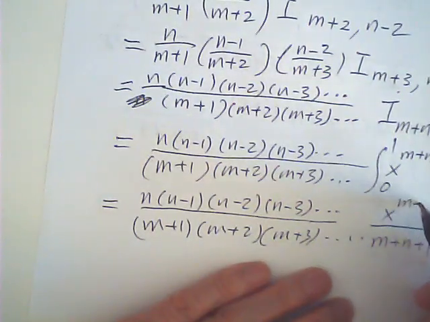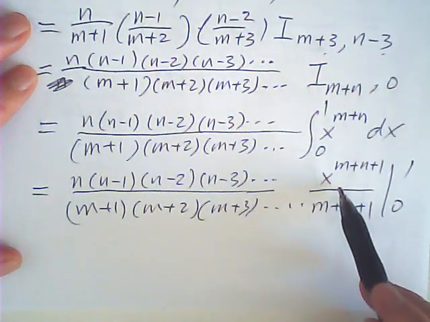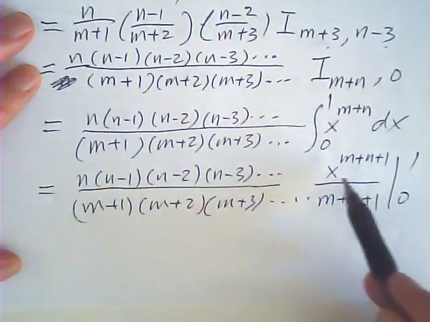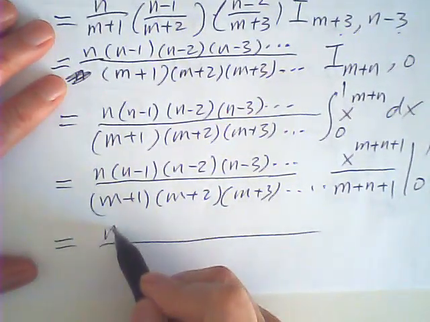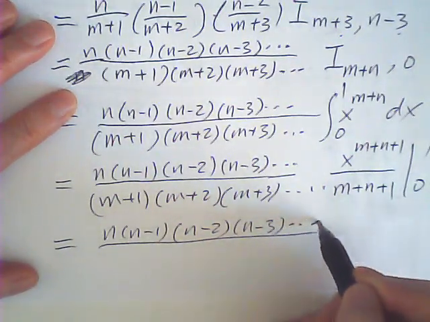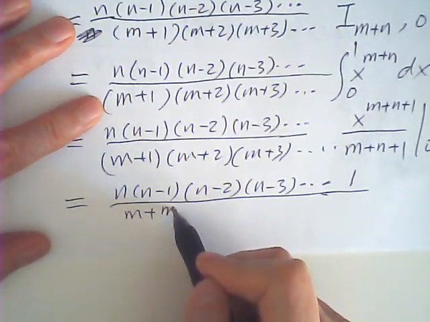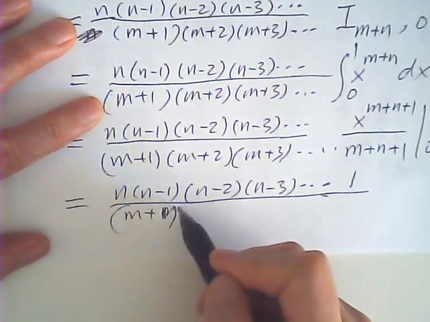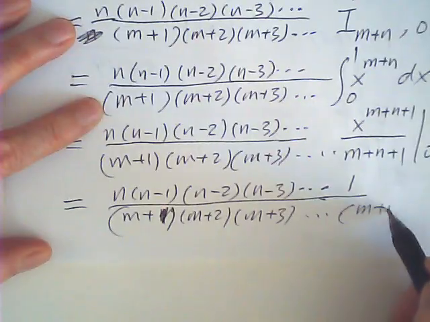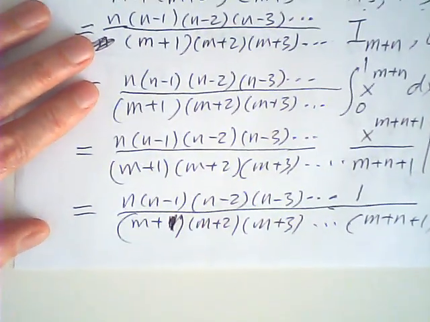When x is 1, this is 1, and minus the value at 0, which is 0. Therefore, finally, the last one is 1 over m plus n plus 1.